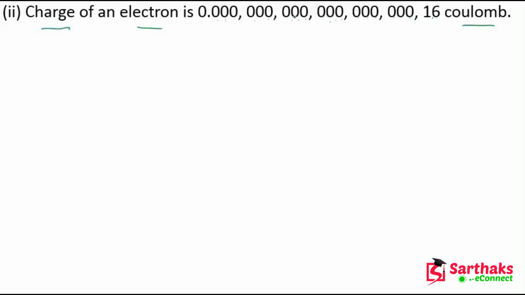Okay, so between this decimal point and this 6, how many digits are there? 1, 2, 3, 4, 5, 6, 7, 8, 9, 10, 11, 12, 13, 14, 15, 16, 17, 18 and 19. So we can write 1.6 into 10 raised to power minus 19 coulomb. Okay, that is coulomb. This is the unit.